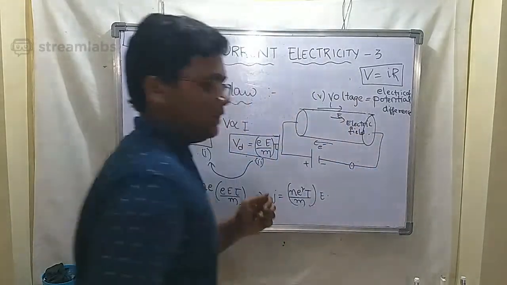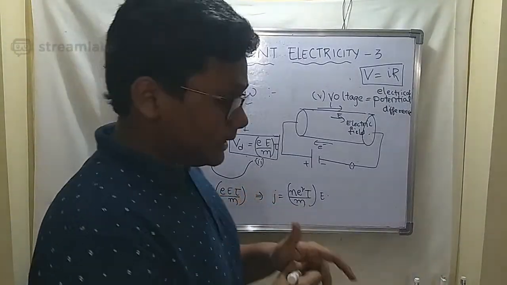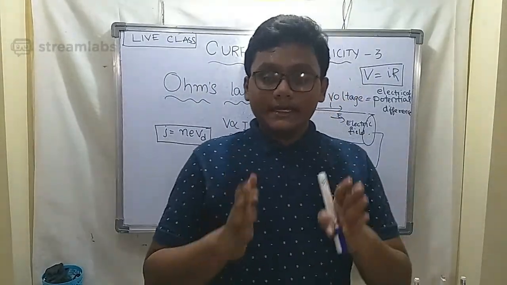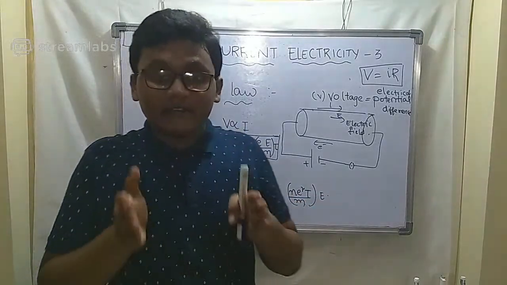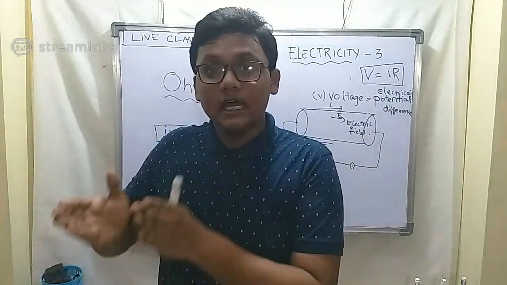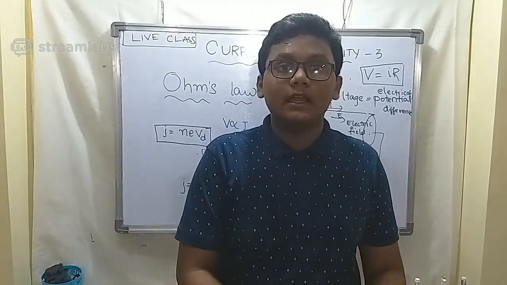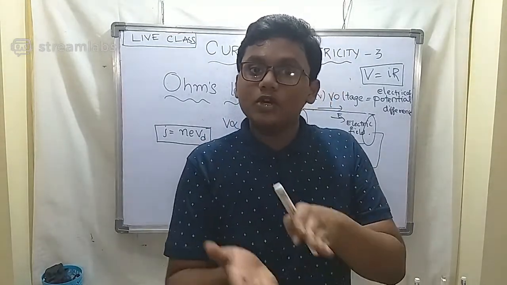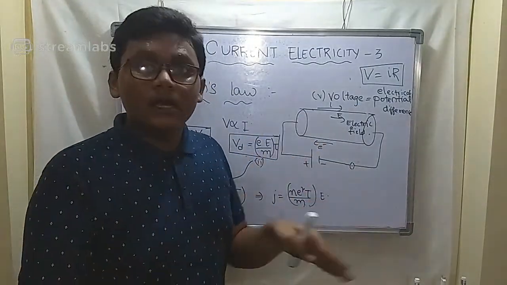One thing about Ohm's law is that it depends on a fixed physical property, the temperature and the material. The material means aluminium or something, the material we took as the conductor.